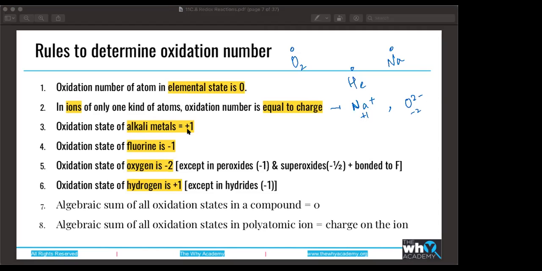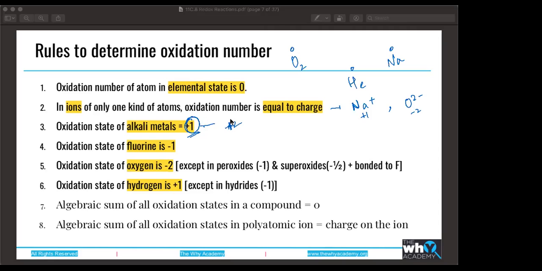Oxidation state of alkali metals is always taken as +1. Apart from this, alkali metals are always taken as +1 and alkaline earth metals are always taken as +2.